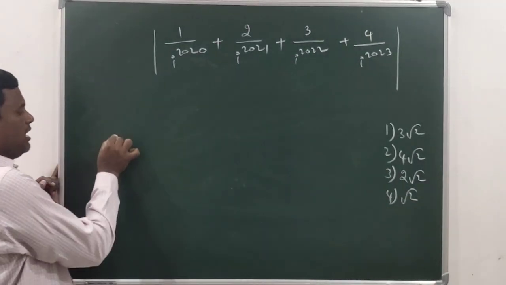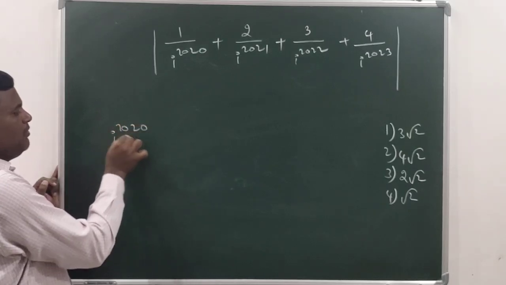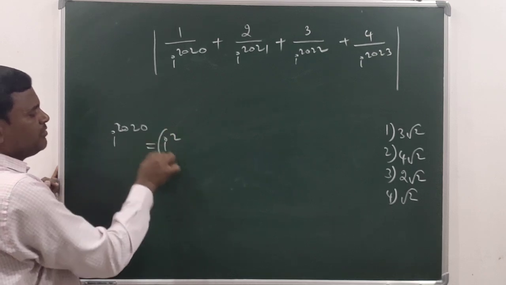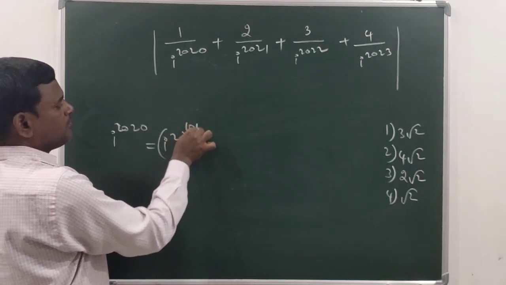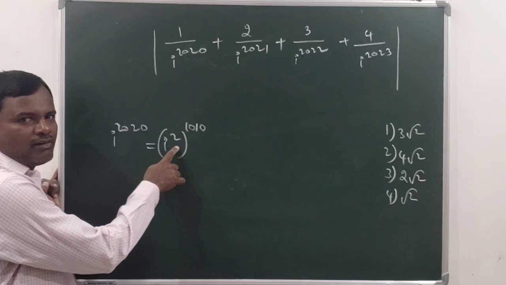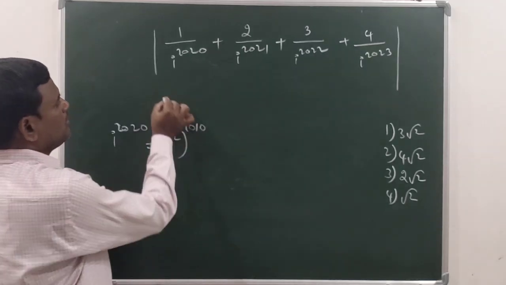See students, here i power 2020 is given. If you simplify i power 2020, you can write i square whole power 1010. The i square value is minus 1, and minus 1 whole power an even number becomes 1.